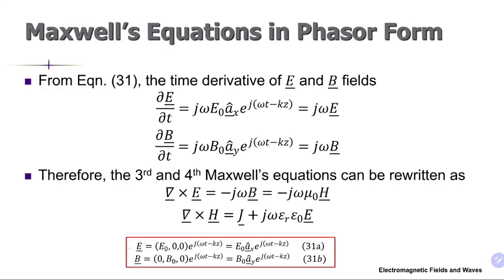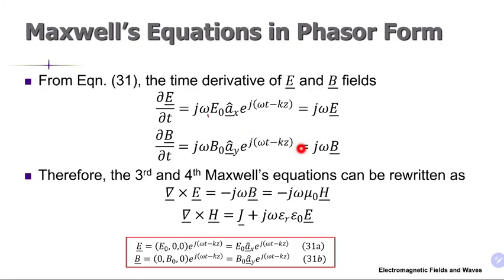If we take the time derivative of equation 31a with respect to t, this will become j omega E naught unit vector x exponential j omega t minus kz.